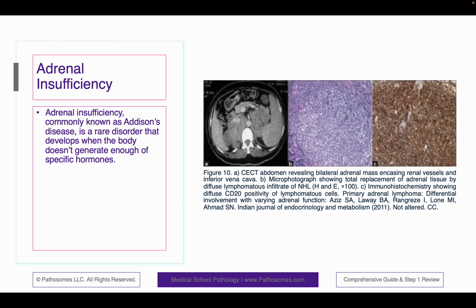Now let's talk about adrenal insufficiency. Adrenal insufficiency is commonly known as Addison's disease, which is a rare disorder that develops when the body does not generate enough of specific hormones.